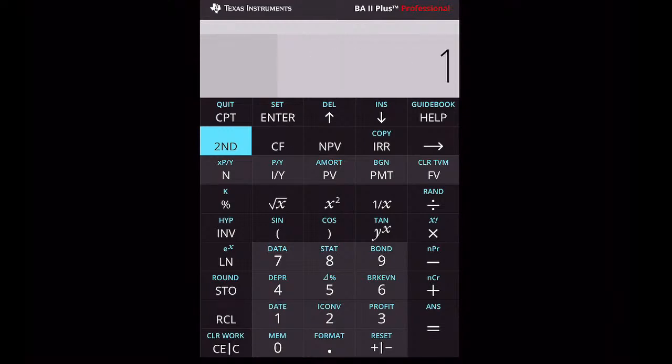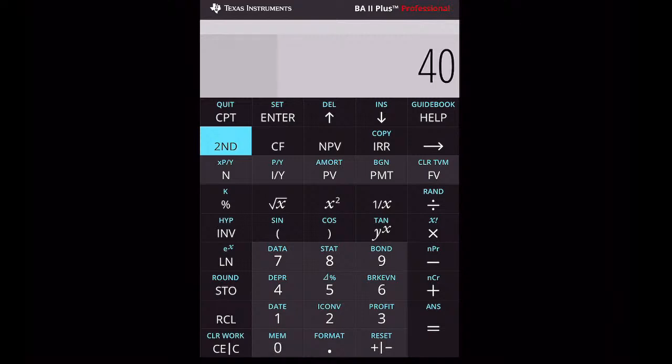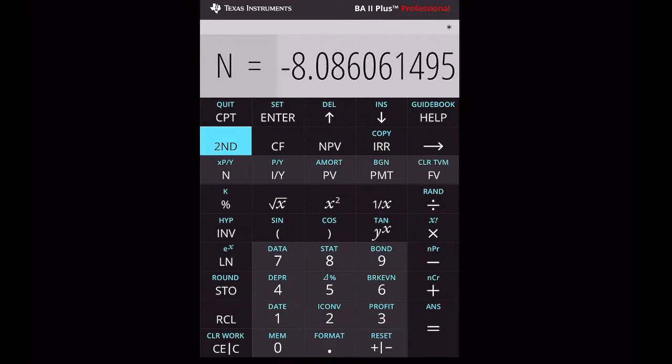I'm going to multiply that by 100 and put it as the interest rate, with $860 spent for the bond, and the payments are $40 that are received plus the $1,000 face value that is received. And now we compute N, and it's 8 semi-annual periods, and if you divide that by 2, that will be 4 years. So 8 is the answer.